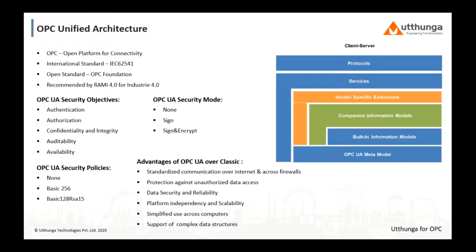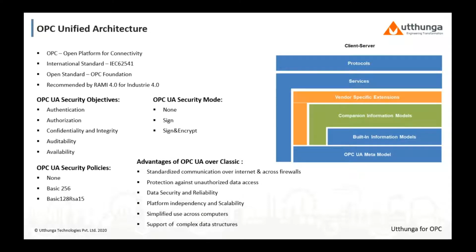OPC UA has its own security objectives, which add more value to the protocol. The first one is authentication, where it provides authentication using username and password. It also provides authentication with certificates of type X509, and it provides authorization, where a user can be authorized for a particular service operation, a set of nodes, or a set of read-write operations.